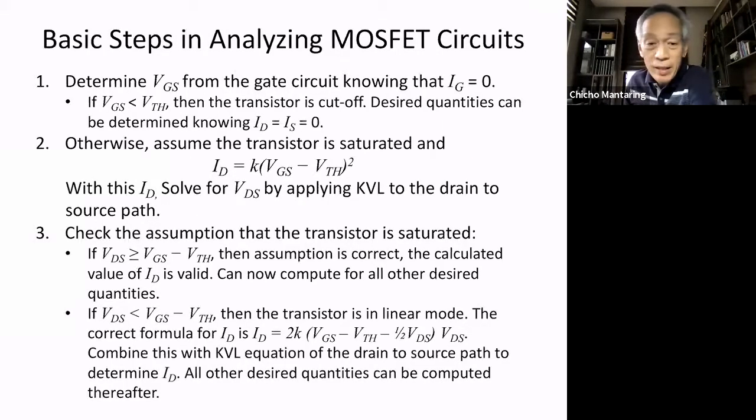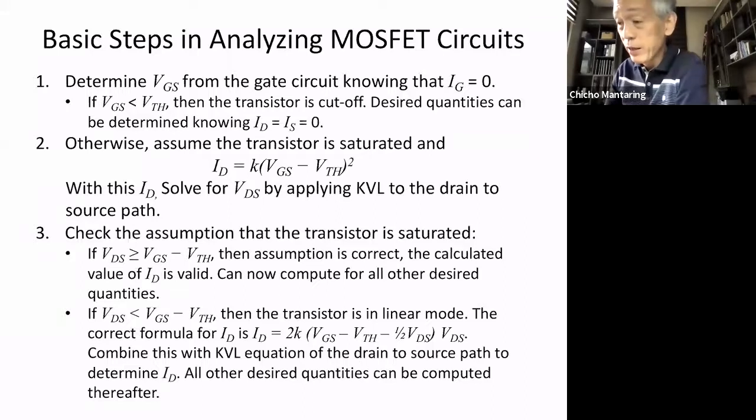Okay, so just like the transistor, this is how I would suggest you analyze a MOS circuit. The first thing you do is determine VGS from the gate circuit, knowing that IG is equal to 0.